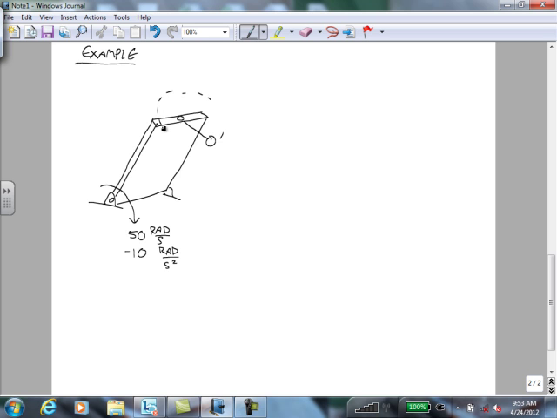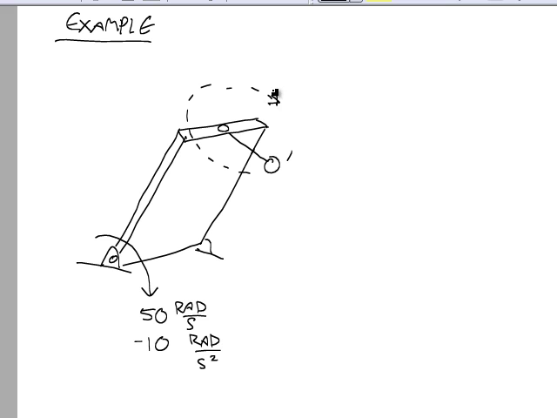And we'll say that the radius of this circle, which is the length of this arm, is 0.3 meters. And we'll say that the height of this rectangle, this plate, is 1.5 meters. And we want to calculate the acceleration of the ball at this instant.